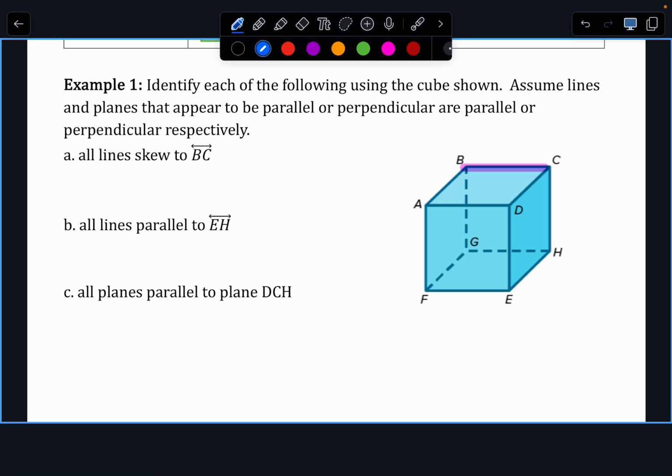Charles. FE. I disagree. FE, I think, would be parallel. Gabriella. DE. Is DE skew? Yes. Excellent.